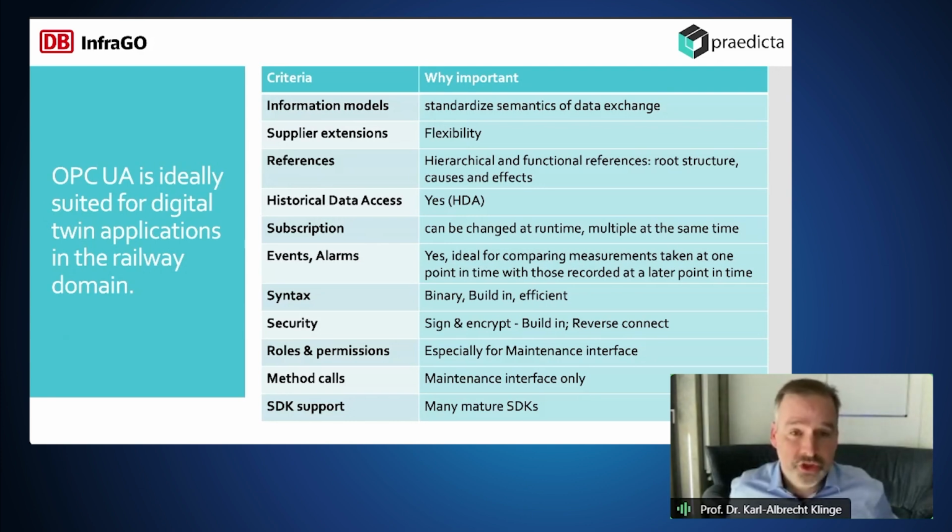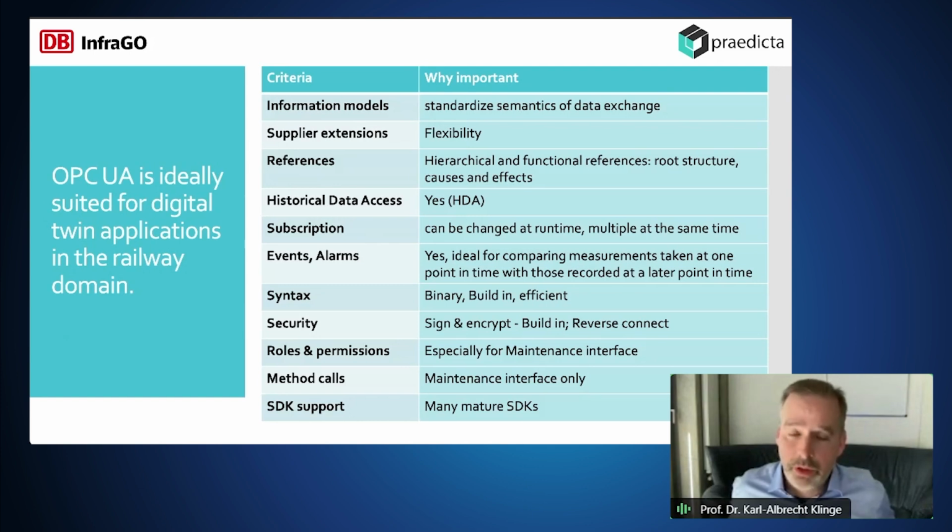Subscriptions, you can change them at runtime. You can drill down into the data. Events, alarms: you can put together data and compare this data with data that you are having later on, in a comparable structure that is very efficient for many use cases. Point-to-an-event was one example. Syntax is built in.